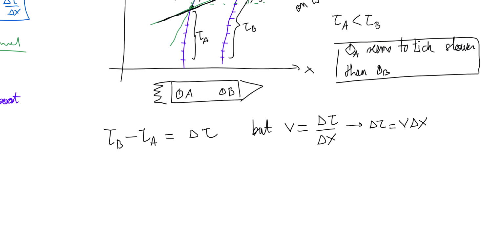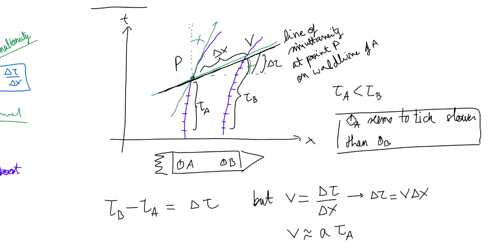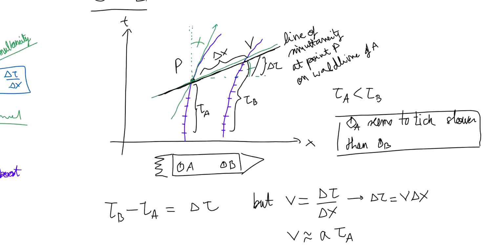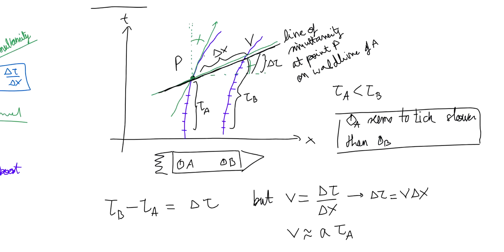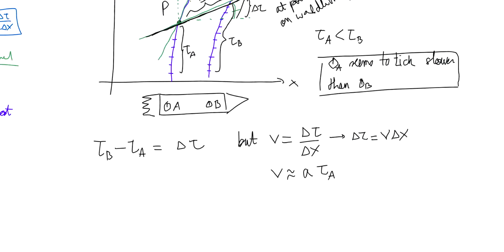And also V, you can approximate the velocity of the ship as its constant acceleration a times the proper time tau A that has passed, because we're doing a measure on the world line of clock A at point P.